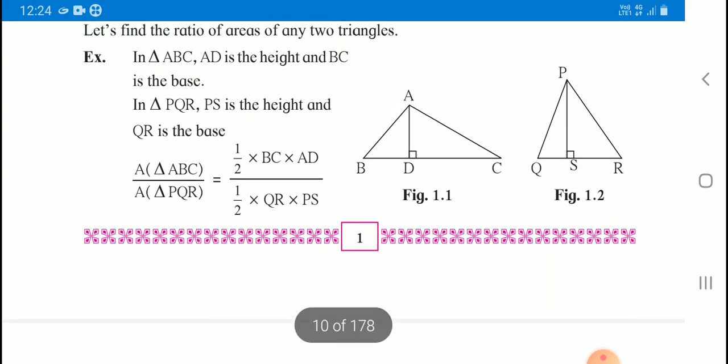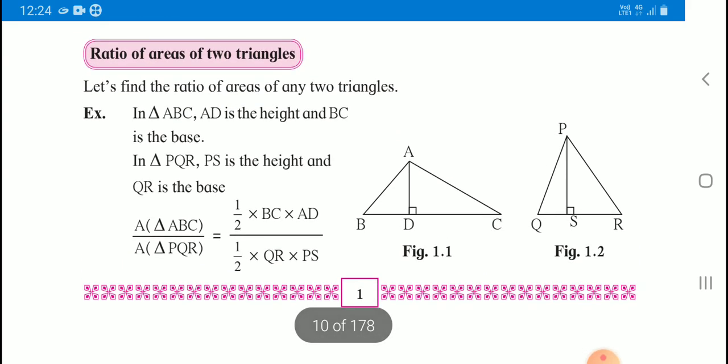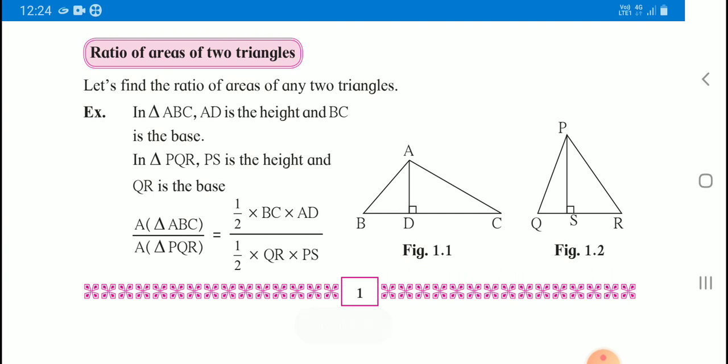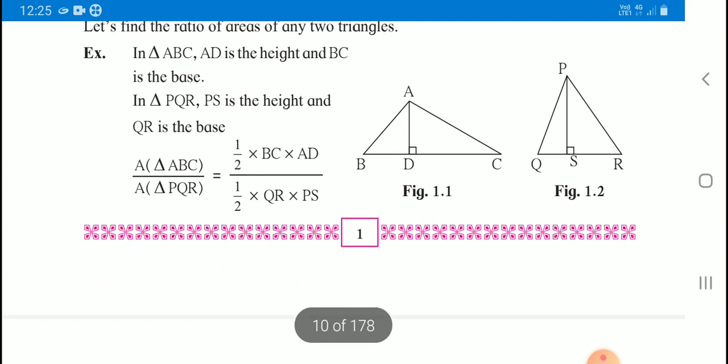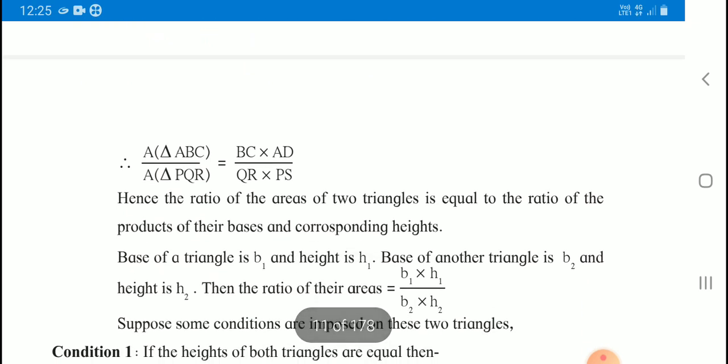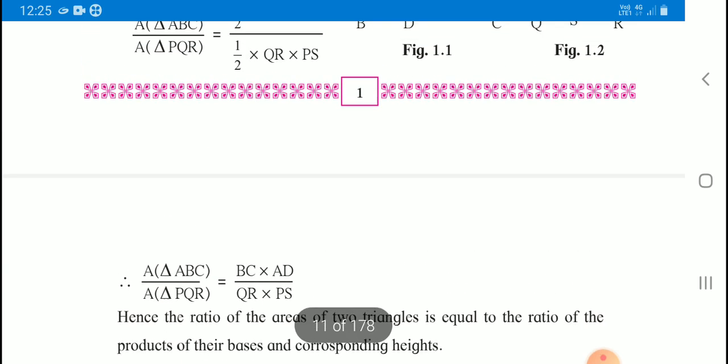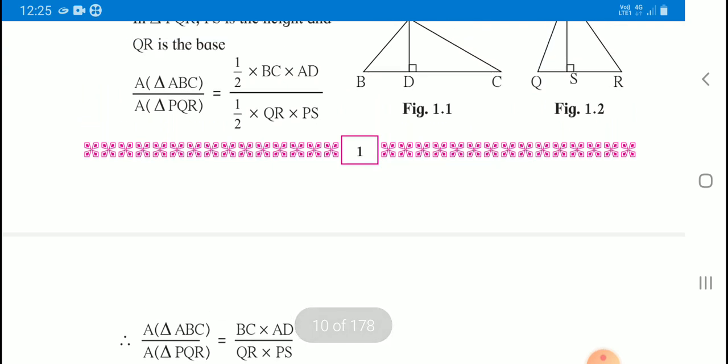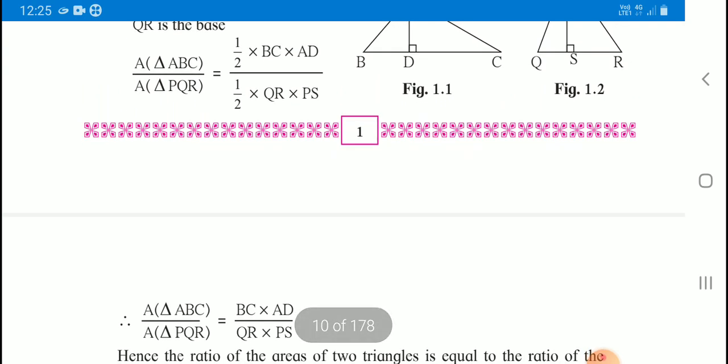Now we want to write the ratio of these two triangles. So area of triangle ABC upon area of triangle PQR is equal to half into BC into AD upon half into QR into PS. Now next we can write this as area of triangle ABC upon area of triangle PQR is equal to BC multiplied by AD upon QR multiplied by PS.